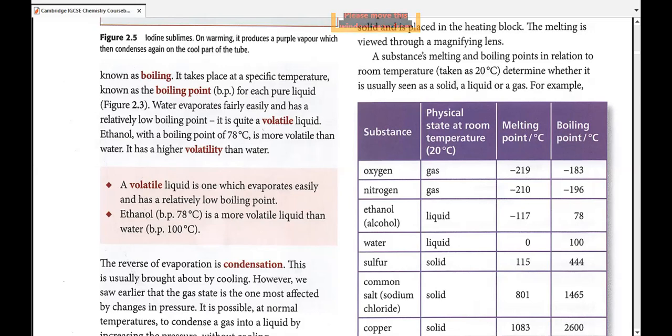Hence, in different books, you'll find different room temperatures, but these are the only two values considered. So in your papers, if the room temperature value is taken as 20 or 25, both are considered correct. You will not be marked incorrect, even if you take the value 20 or 25.